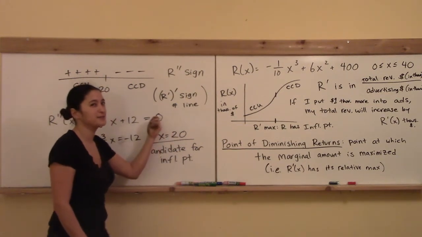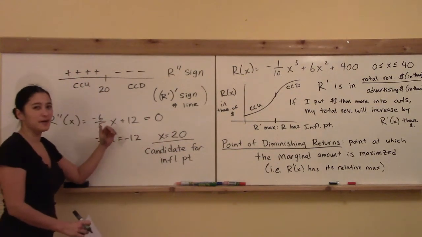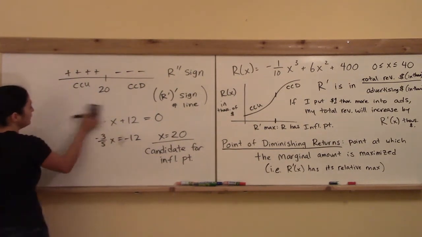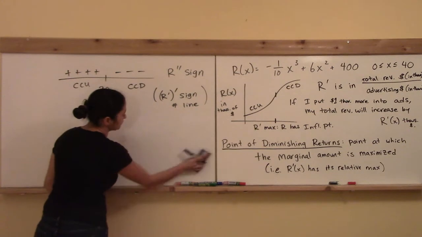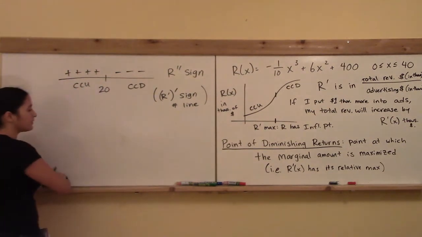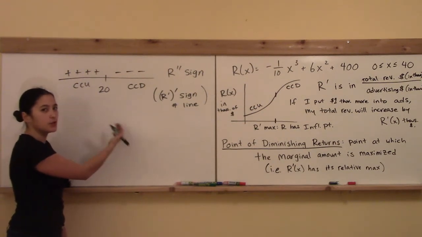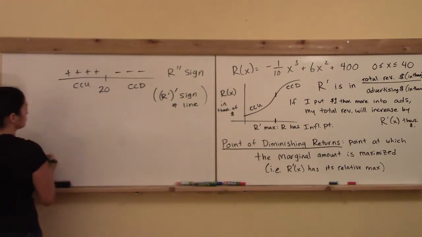I hope you're not getting too confused with this. Okay, so now that's why I can perform the first derivative test right now. I'm going to perform the first derivative test so I can classify this as either a relative min or relative max in the marginal quantity of the marginal revenue.